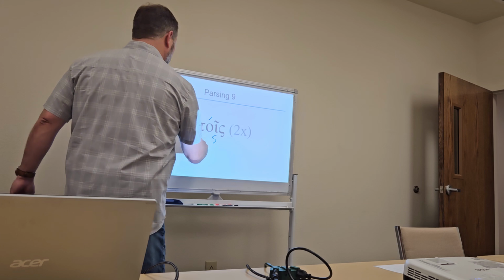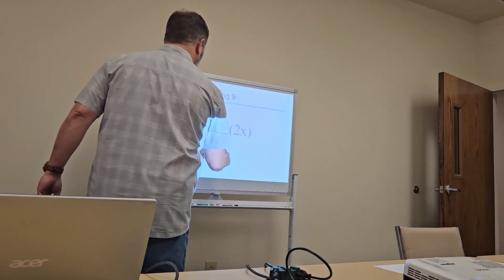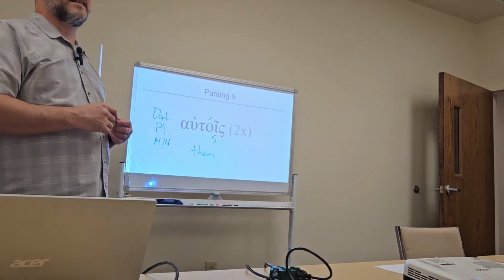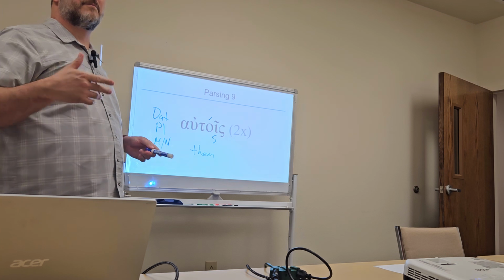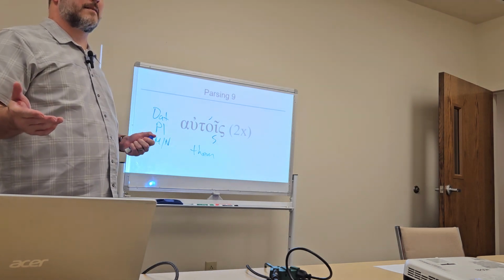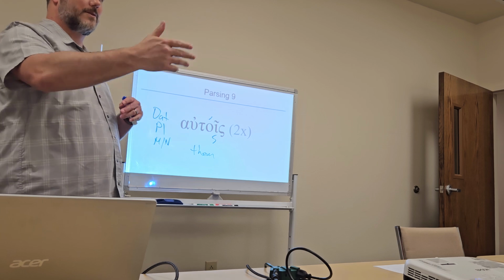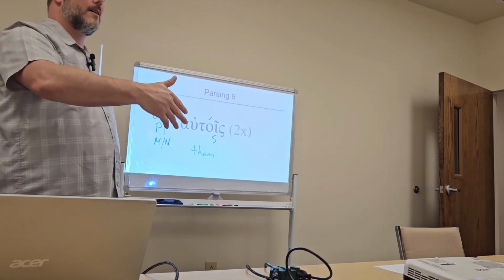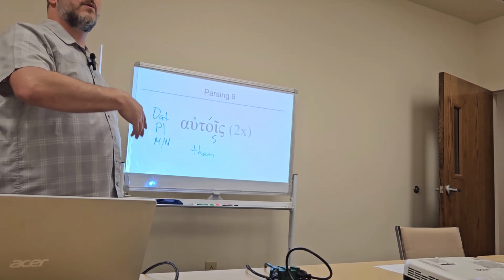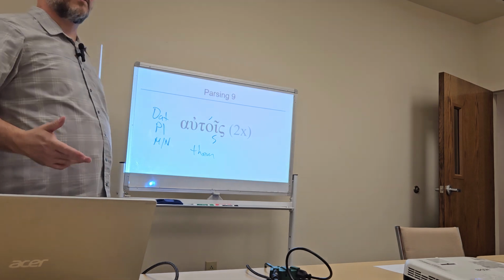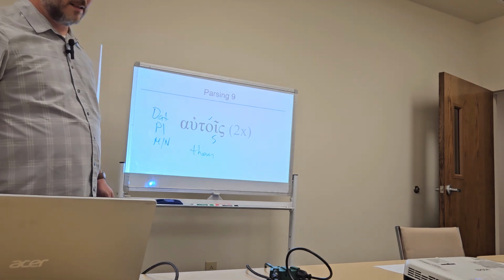Exactly. To them. If you remember that term dative, it comes from the term to give. So if you give this, then in English you would have to them, which would be the dative form in English.